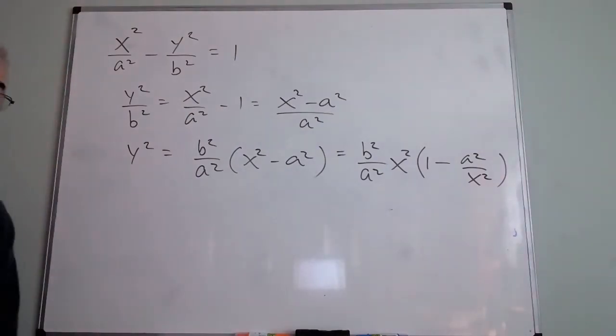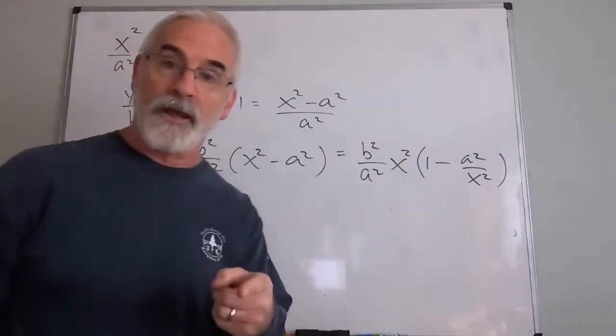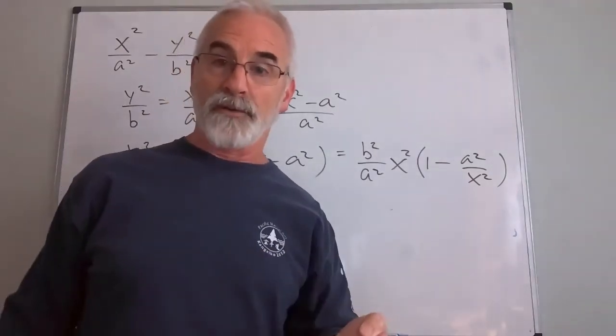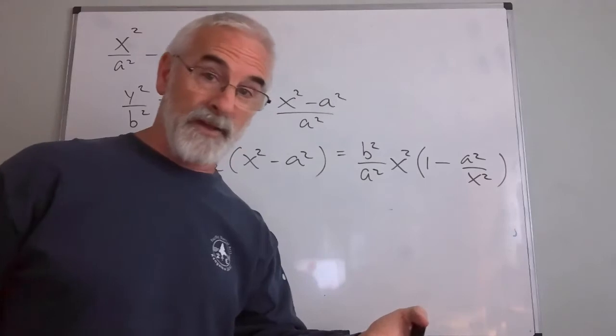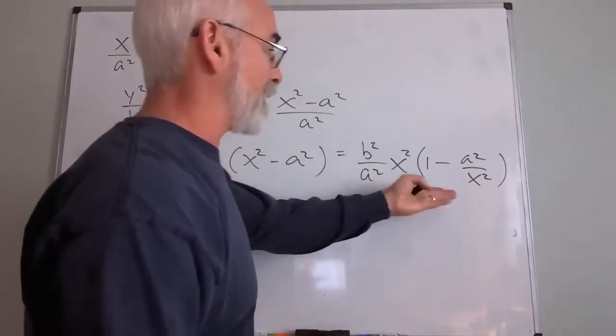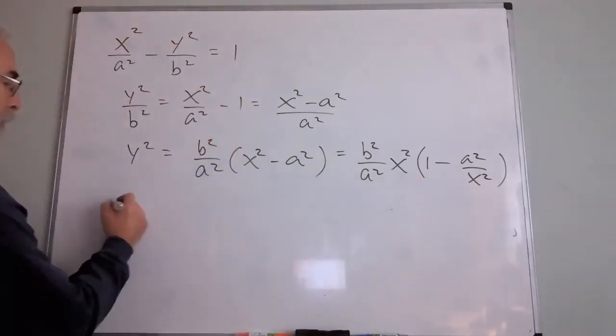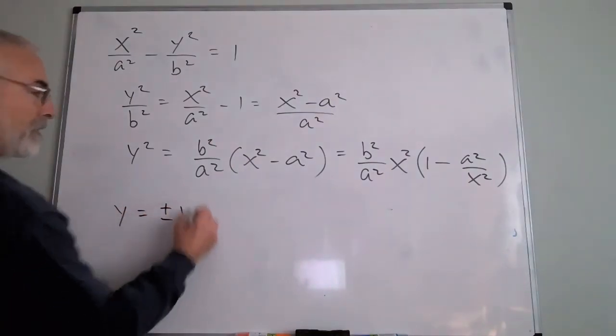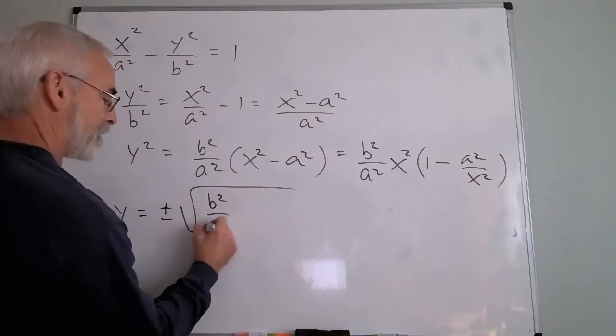Now, I didn't say y was equal to, because y squared, think like a circle. A circle is not a function, so you can never write y equals. You can write y equals plus or minus, top half, bottom half. I've got y squared equals all of this. So if I wrote y equals, well, then it would be plus or minus the square root of all this.